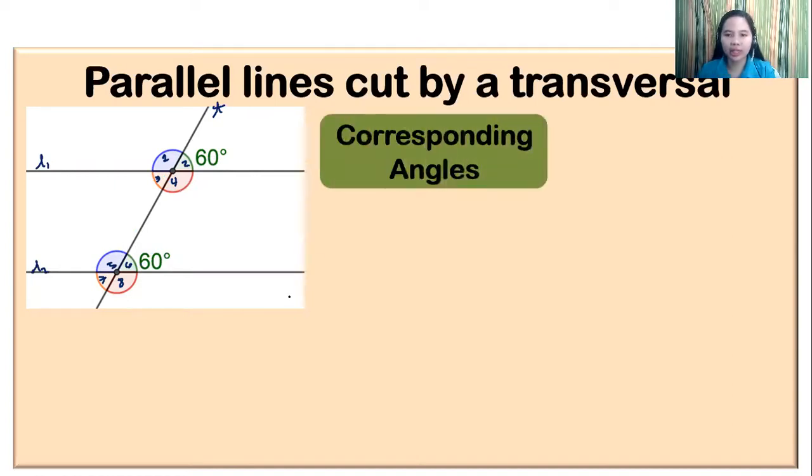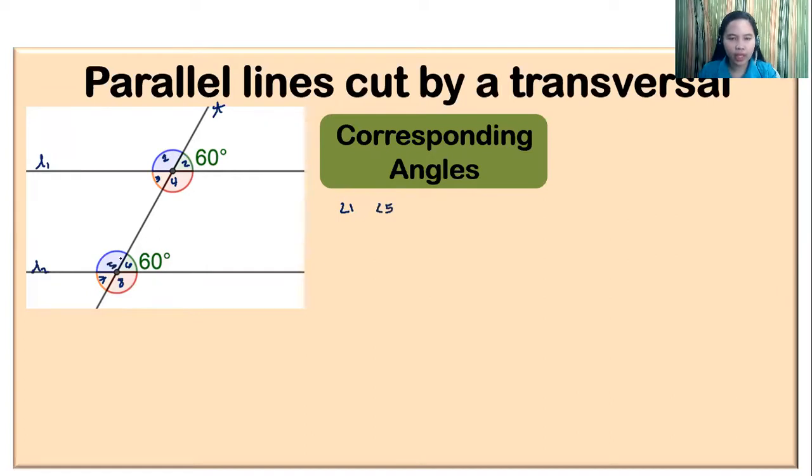Now let's have the corresponding angles of parallel lines cut by a transversal. Corresponding angles are non-adjacent angles on the same side of the transversal, one interior, one exterior. Like angle 1 and angle 5.